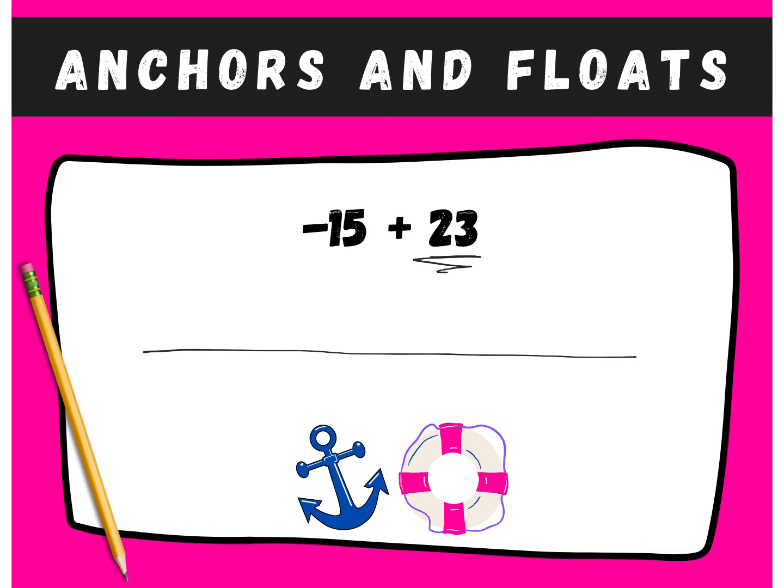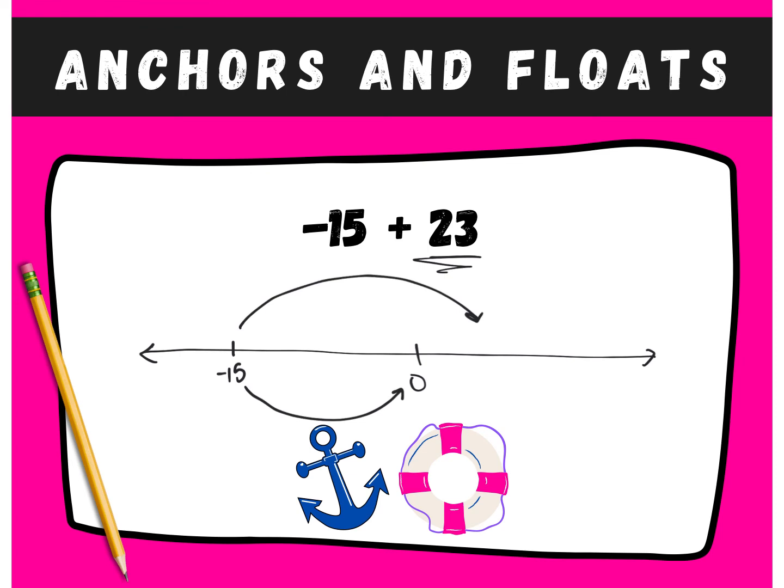So imagine a number line. I've got 0 in the middle, and -15 would be somewhere on the left of 0. Now, if I'm adding a positive number, just like in addition, before there were integers, before there were negatives, I'm moving to the right-hand side. The 23 tells me that I'm moving 23 spaces. Now, what I know by looking at my number line is that 15 spaces will get me to 0.